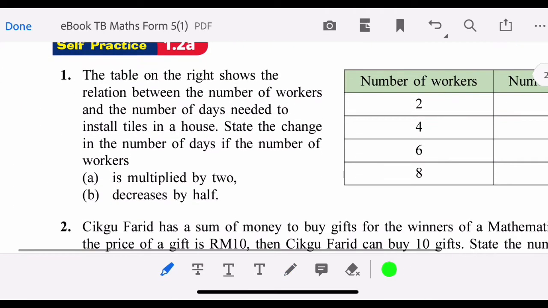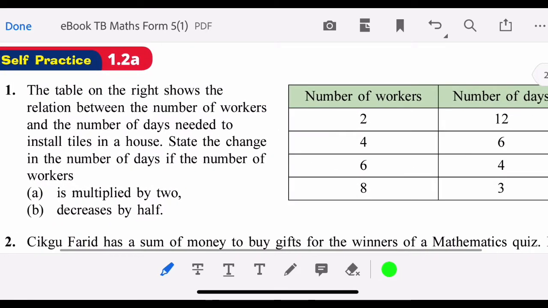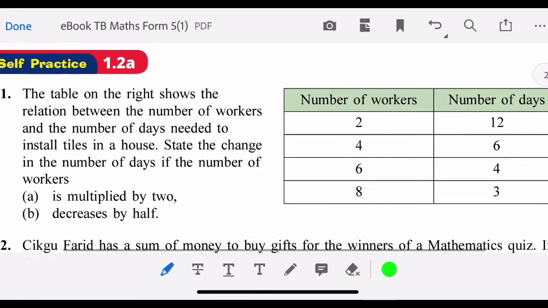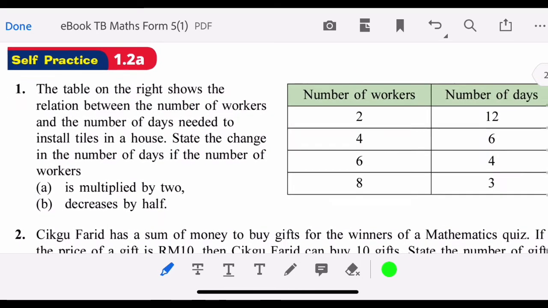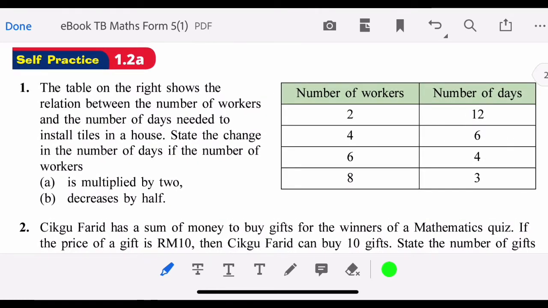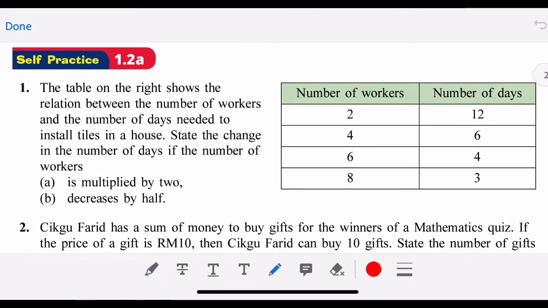Let's have a look at self-practice 1.2a. The table on the right shows the relation between the number of workers and the number of days needed to install tiles in a house. State the change in the number of days if the number of workers is multiplied by 2.